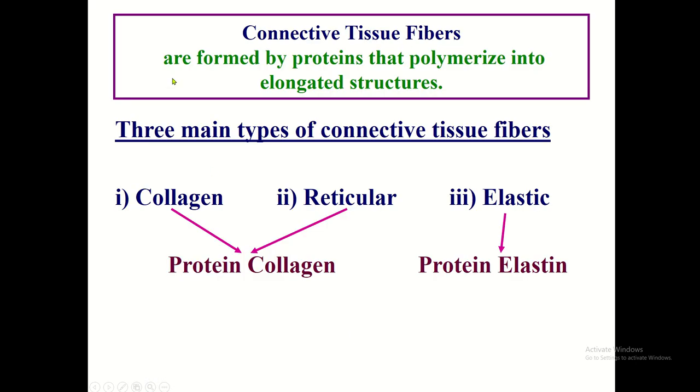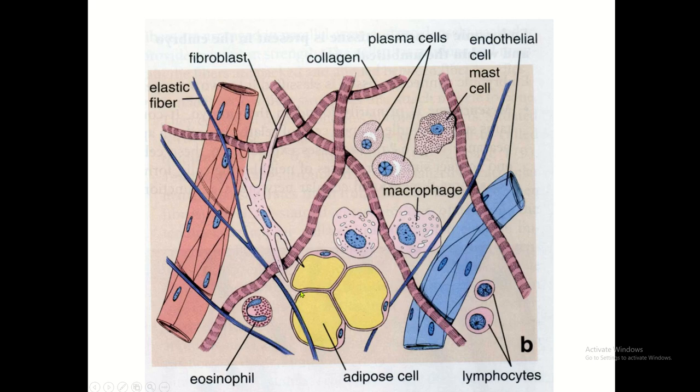The connective tissue fibers are formed by proteins that polymerize into elongated structures. The collagen fiber and reticular fiber are formed by the protein collagen, and elastic fiber is formed by elastin. So this wavy, thick, pink fiber is the collagen fiber.